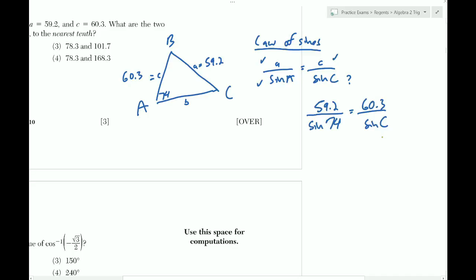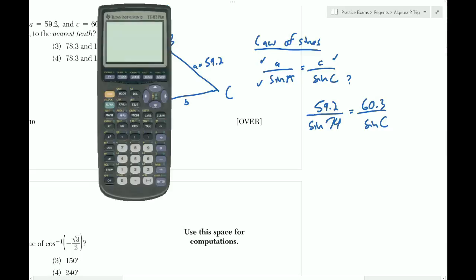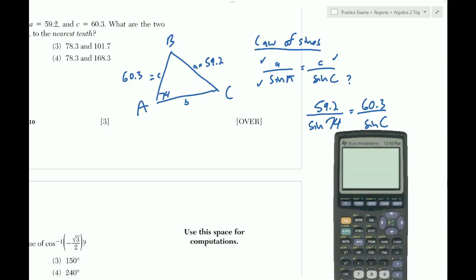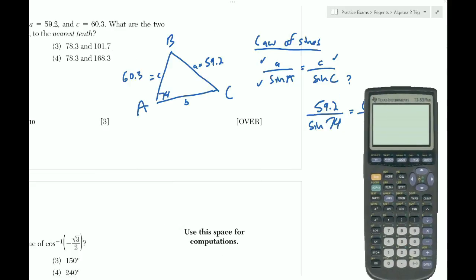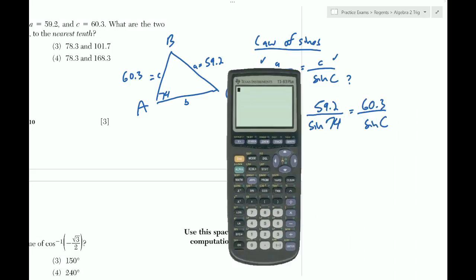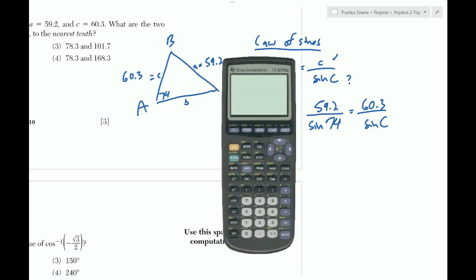So at this point, we'll need to grab our calculators. And let's see, so we'll do 59.2 divided by the sine of 74. Sine 74 equals.